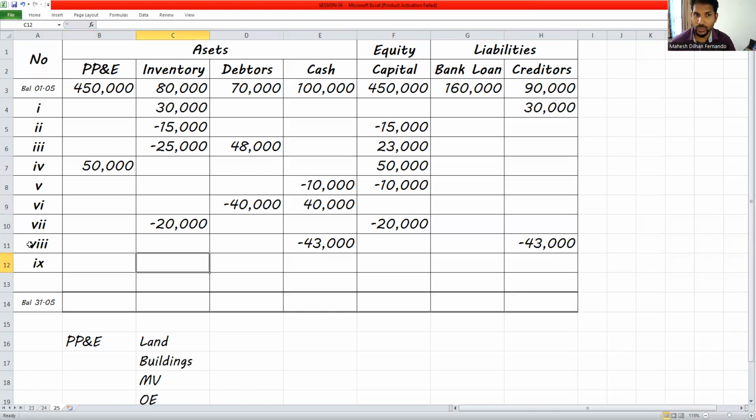We are selling goods for 20,000 now. Inventory minus 20,000. And it is paid in cash. Cash plus 40,000. We receive the cash. And how much is the profit? 20,000. Add that to the capital. Last transaction. Paid 15,000 as salaries. Payment in cash, so reduce cash. And capital is deducted by 15,000 because it's an expense.